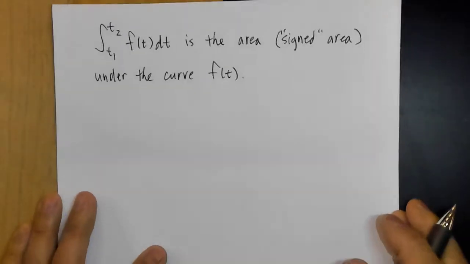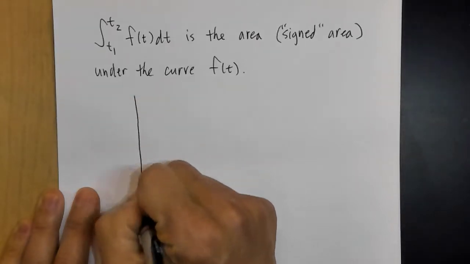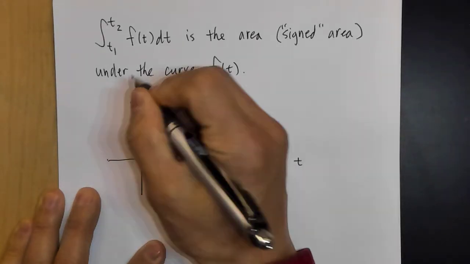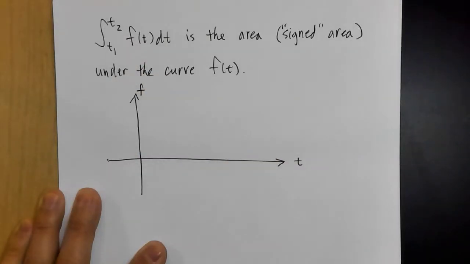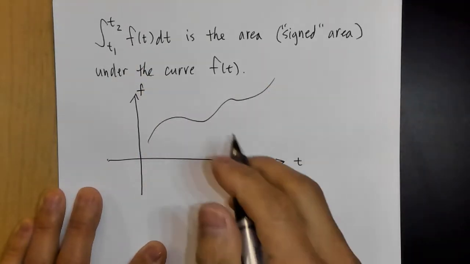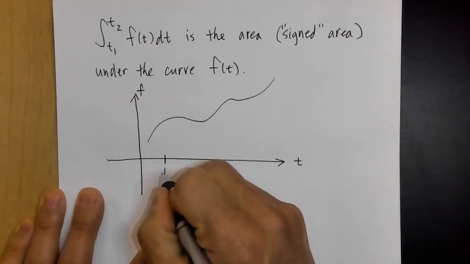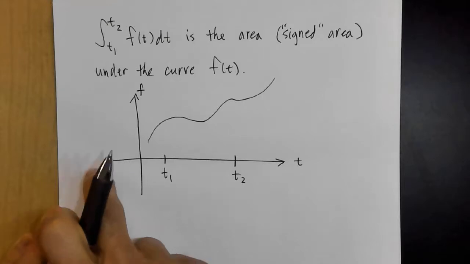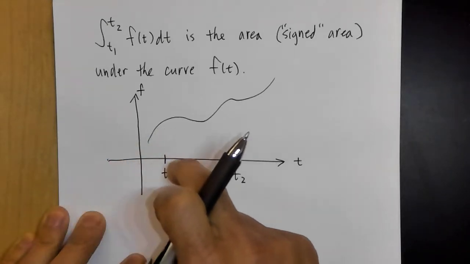If I have the function f of t, and I plot it, here's t, and then there's f. Let's say it's some curve like this, and I have my initial time t1, my final time t2. Then when I say the area under the curve, first I find where 0 is.